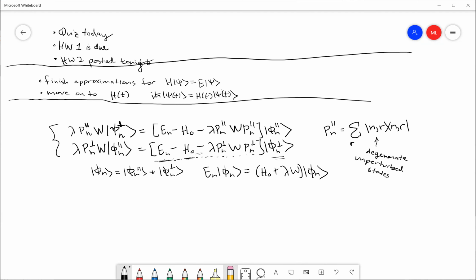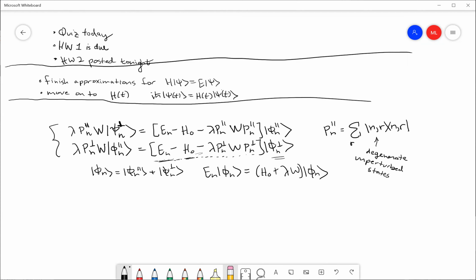So if we break up the problem into the parallel subspace and the perpendicular one, then we can work with the perpendicular one and invert the operator and then see what happens in the parallel space. So that's the idea.